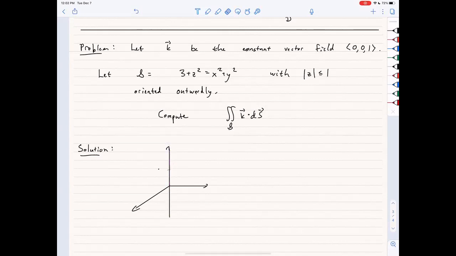And what you get is some kind of thing like this, and it's oriented outwardly, meaning away from the origin.